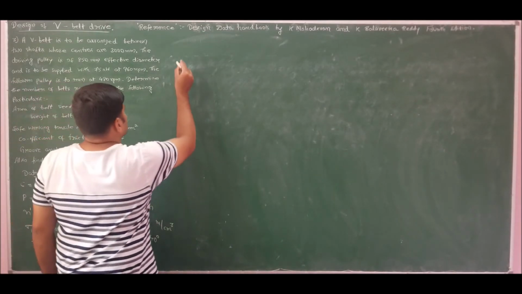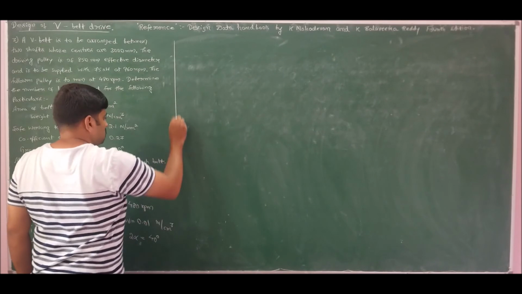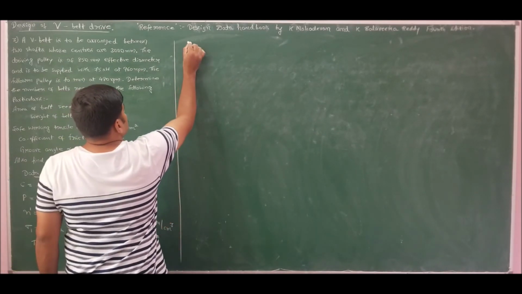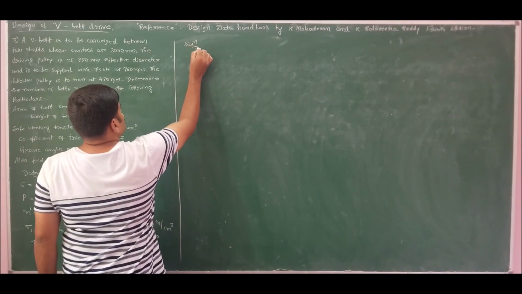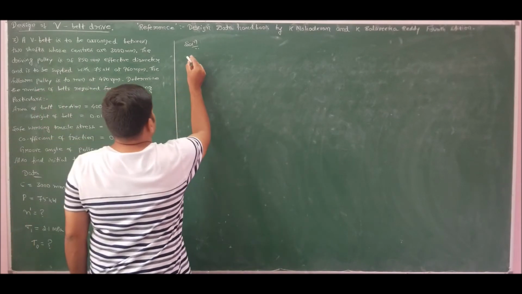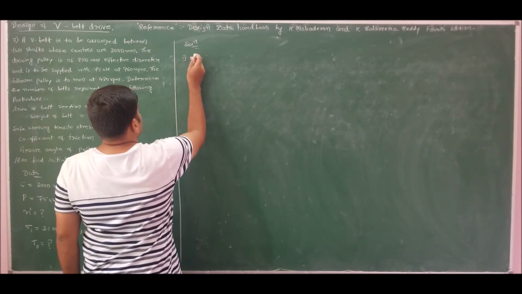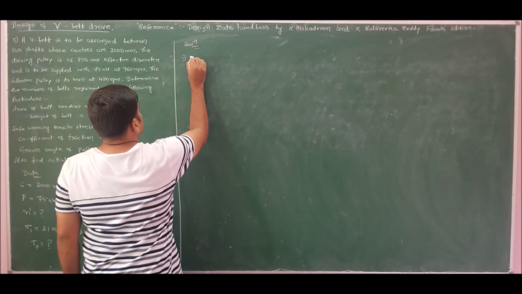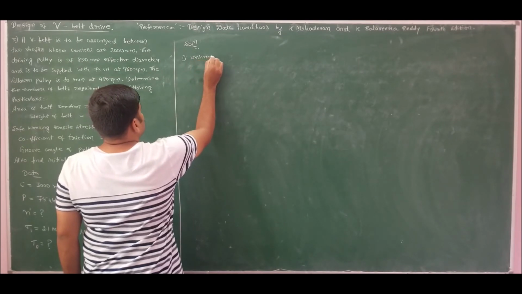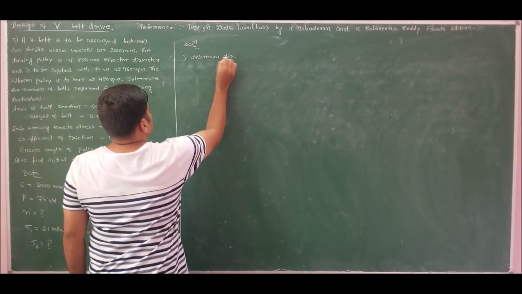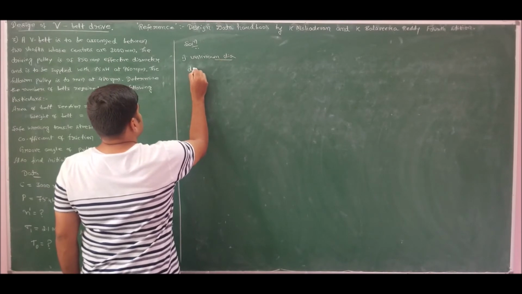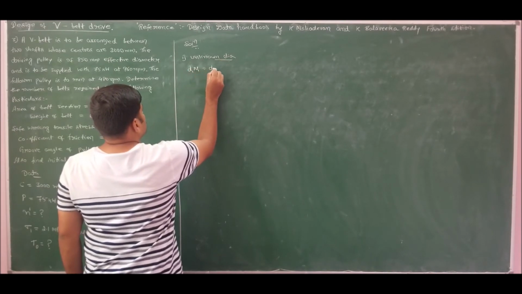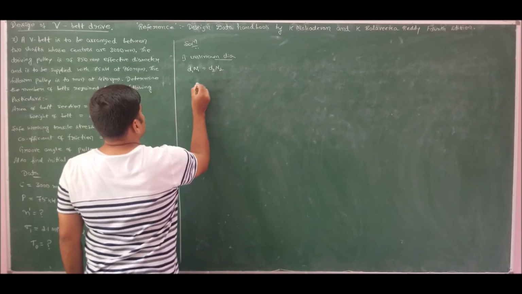Let us solve this problem. So the first step is to find the unknown diameter. That is d1 n1 is equal to d2 n2.